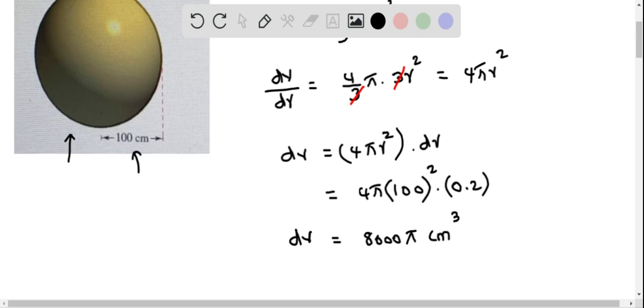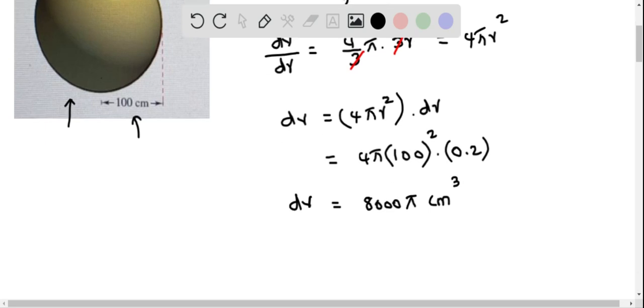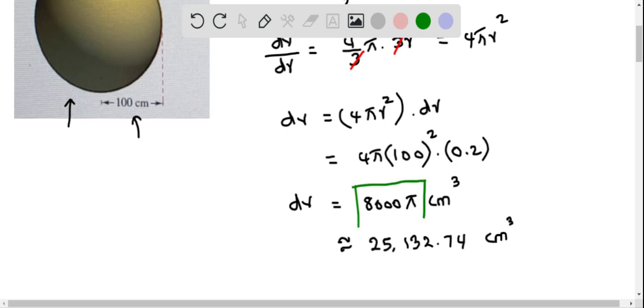This dV is the volume of the shell, and its decimal approximation is 25,132.74 centimeters cubed. So therefore the approximate volume of the shell is either 8000 pi centimeters cubed, or in terms of decimals, it is 25,132.74 centimeters cubed.